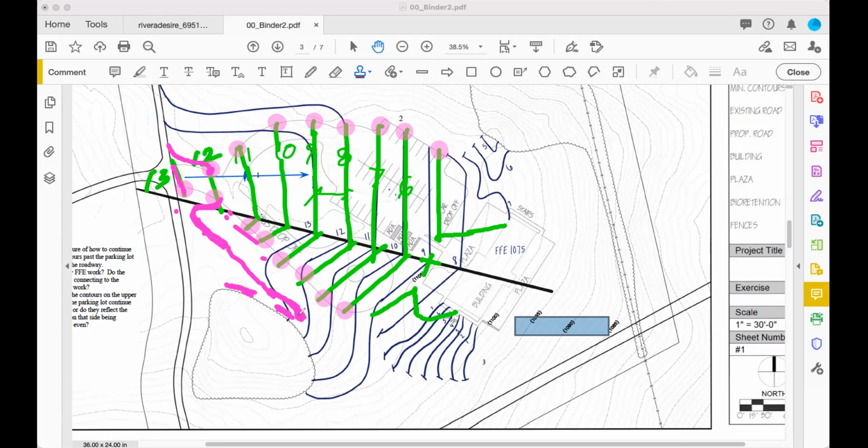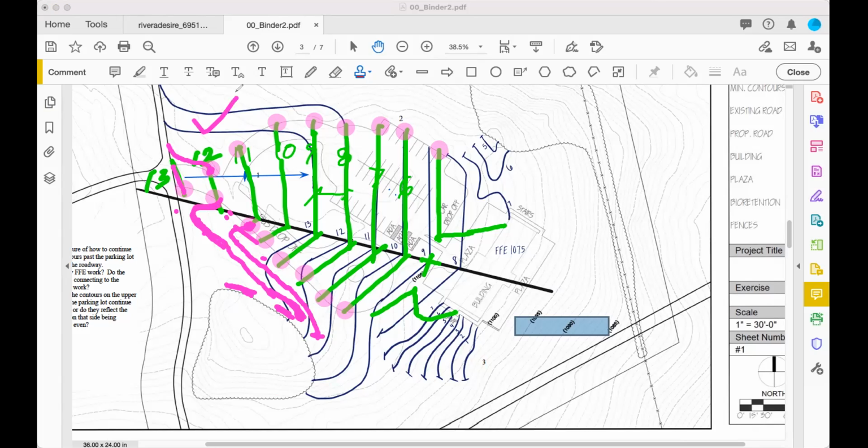Then the 11, I need to connect back to there, but at the same time form a divergent swale. So again I keep 5 feet away from my 12, and I look for where 11 is. My 11 is here, so I connect back to there. That's basically how we connect these contours back to the original one.